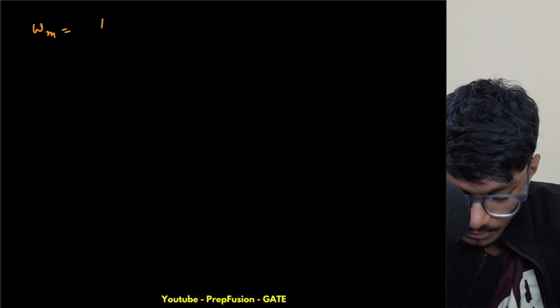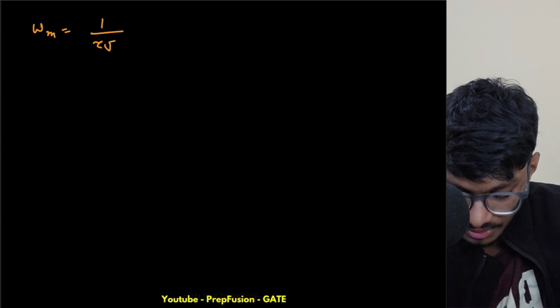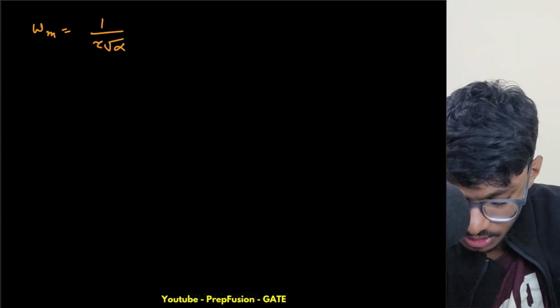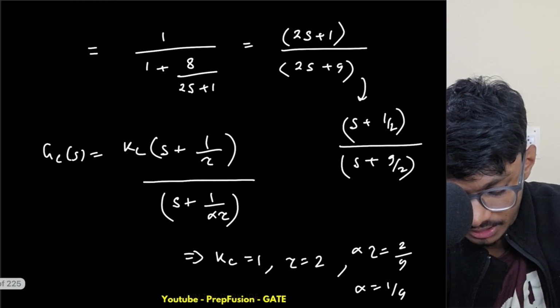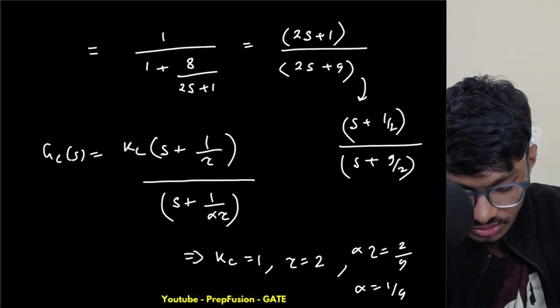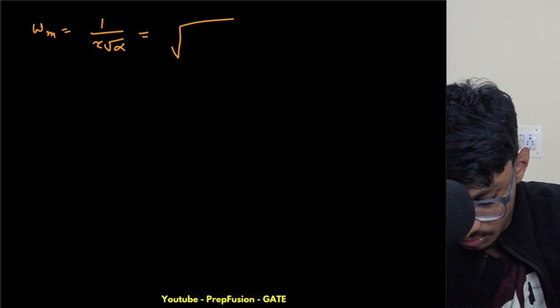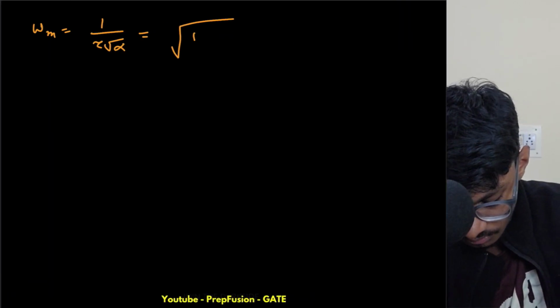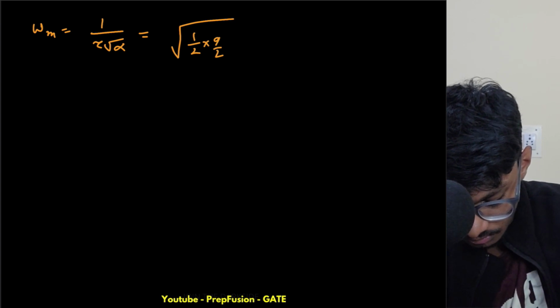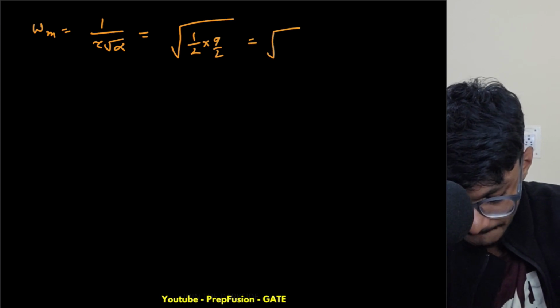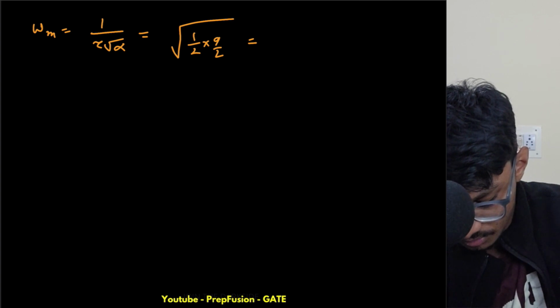Your omega m will be the geometric mean of the zero and the pole, so it will be 1 by tau under root alpha, or directly the geometric mean of these two, which is simply under root, so it is 3 by 2.